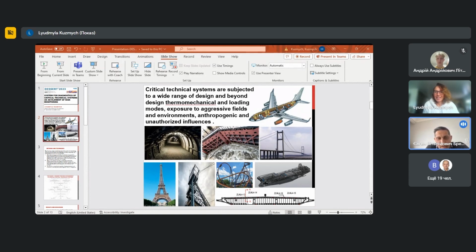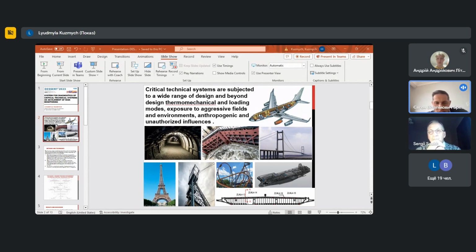But it's a different case. If you're talking about bridges, please land on Earth and look around our environment. We have many problems with monitoring of different critical technical structures. Yes, of course, space technology, aviation technology and nuclear technologies are developed in our country, but what about other technologies?